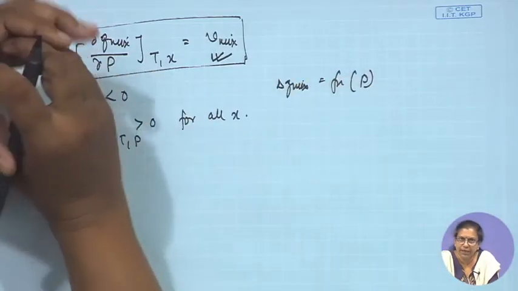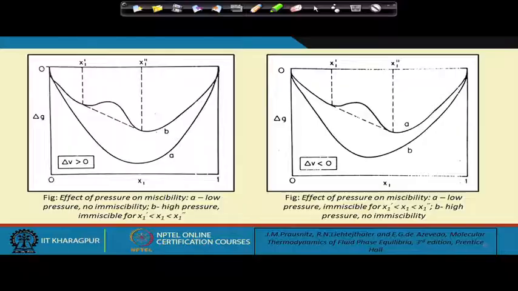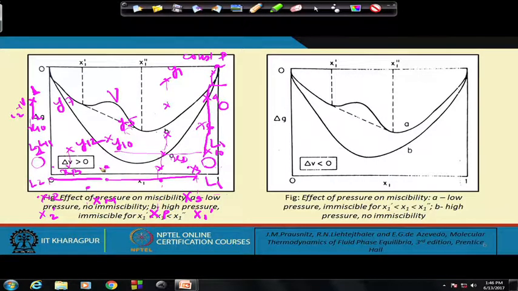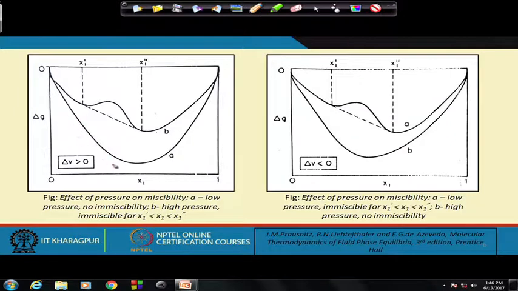Suppose we bring two components and mix them together and we find that V mix is greater than 0. Then we know that the variation of G mixture with pressure is going to be positive. So, at higher pressure we are going to get a higher value of G mix. So, naturally, initially at a lower pressure it was completely mixed, and when we increase the pressure, when delta V mix is greater than 0, this is the delta G mixture.